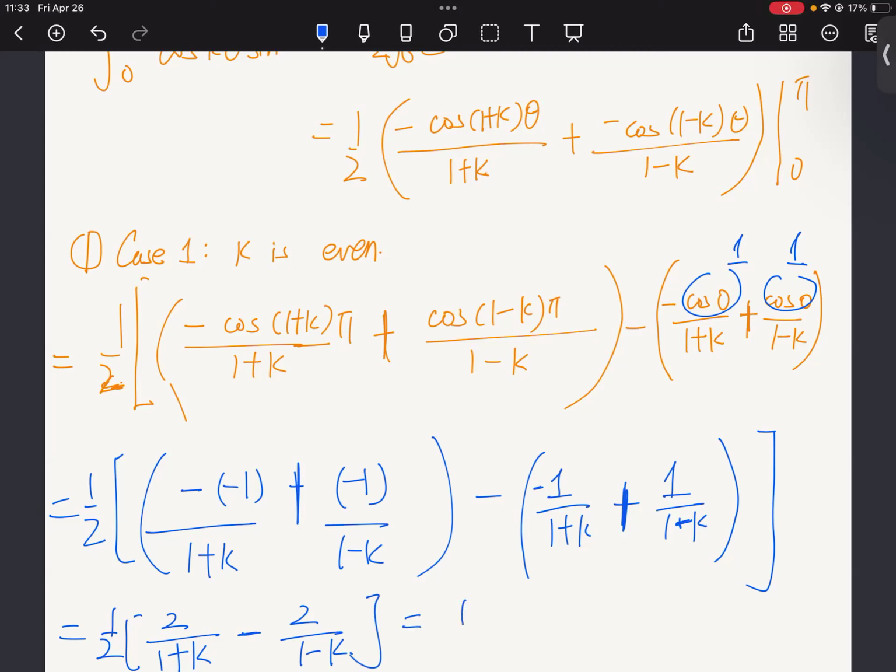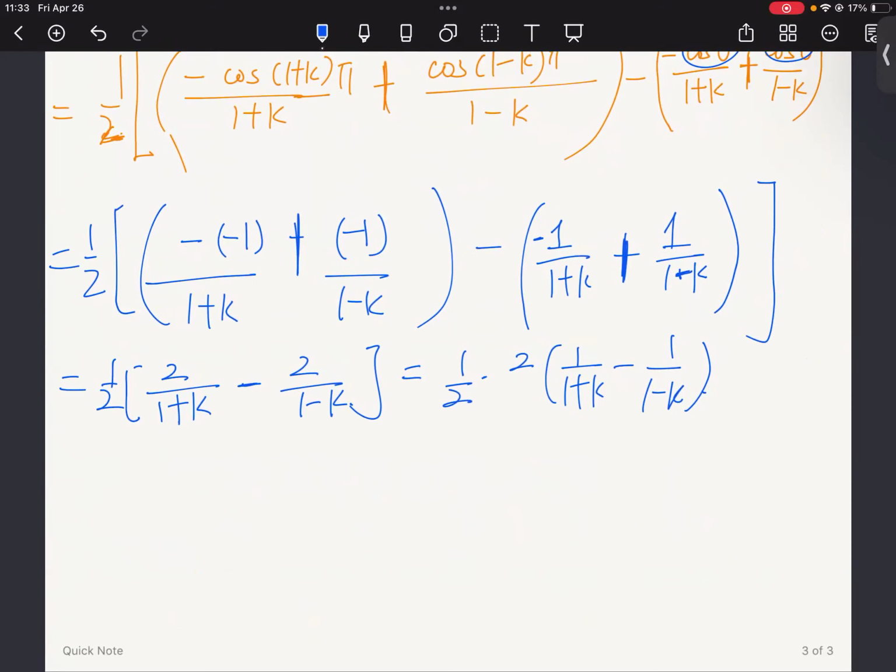I got 1 over 2, and then times 2, and then 1 over 1 plus k minus 1 over 1 minus k. There's something wrong in my calculation, I guess.